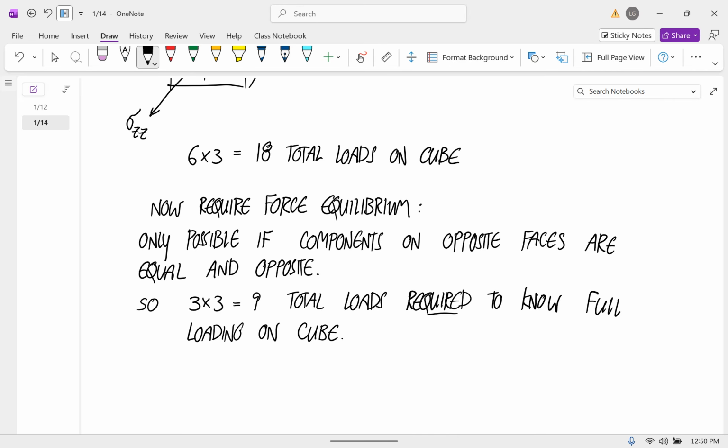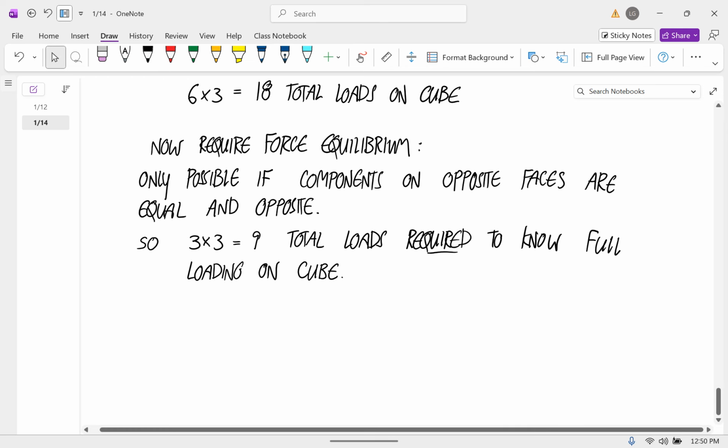Okay, and then the last thing we're going to do is require moment equilibrium.